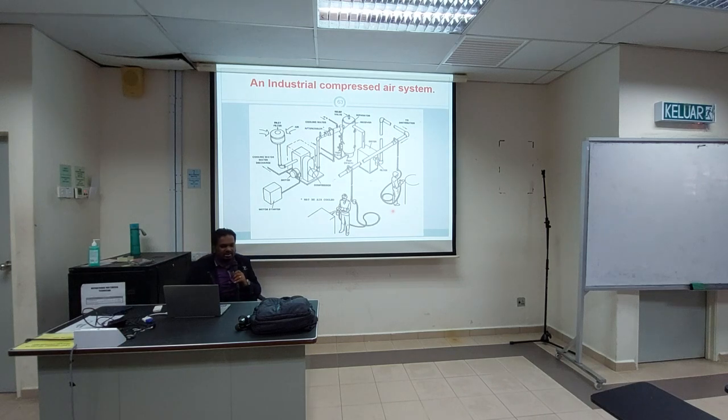Okay, so an industrial compressed air system, saya boleh tengok some of the applications yang you boleh gunakan. Okay, so you have a starter. So ada air spray, kemudian ada welding, kemudian ada lot of things lah.